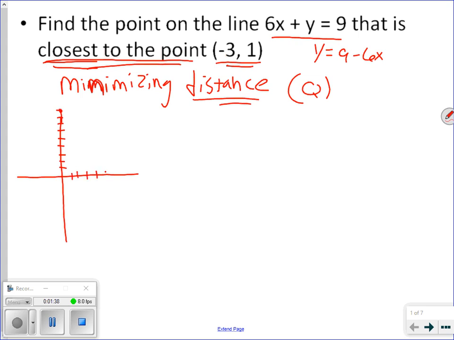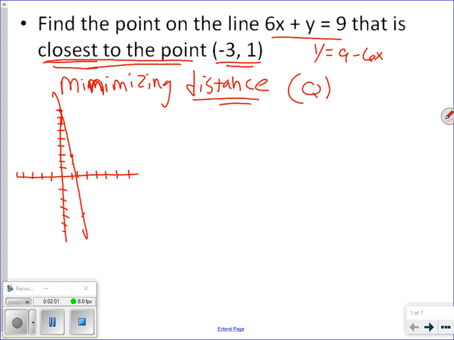And we're going down 6 over 1. So down 1, 2, 3, 4, 5, 6 over 1. All right, that's my line.